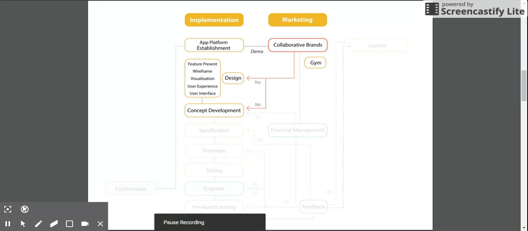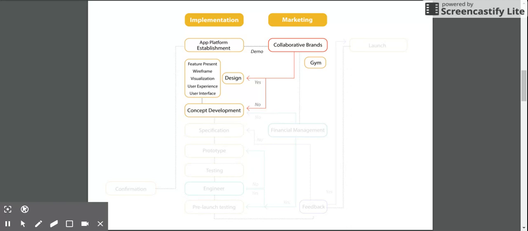Then after confirming the idea, we're going to start a relatively sketchy app platform, which is a very important process because not only will you provide the design plan for the designing department, but more importantly, we're going to show this little demo to the collaborative brand, like the gym.